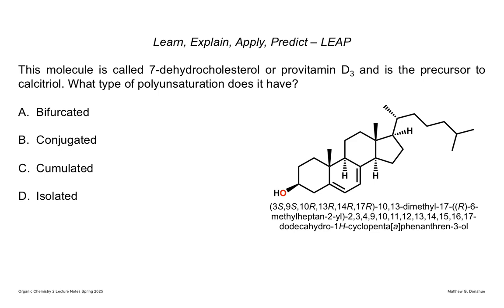So this molecule shown is 7-dehydrocholesterol, or provitamin D3, and it's the precursor to calcitriol. So what type of polyunsaturation does it have? Same thing, we identify the pi bonds. We see that they are separated by a sigma bond, so this is also conjugated.